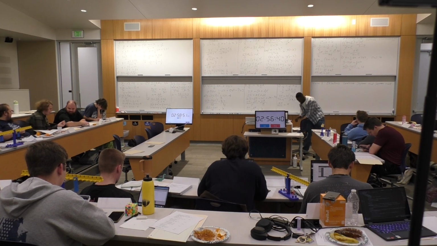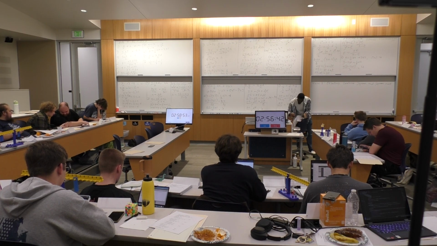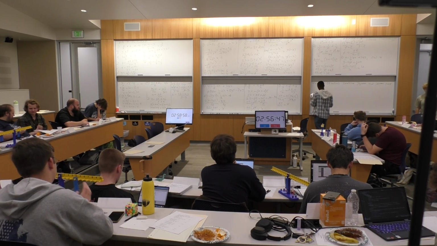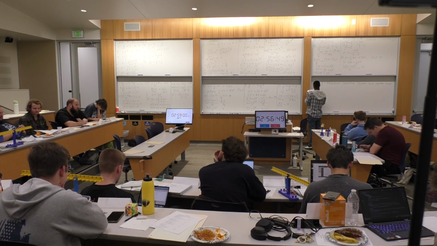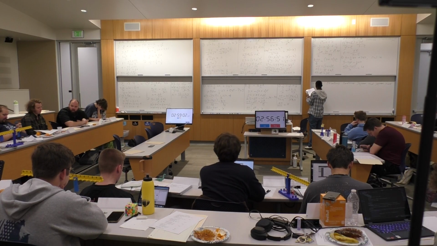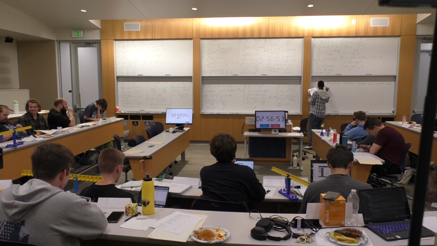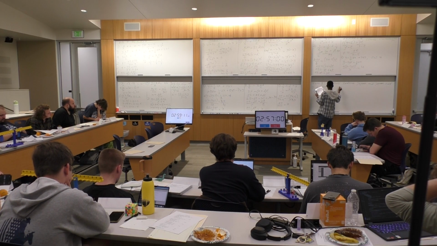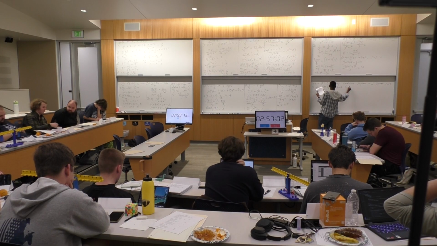Let's solve some problems. So for one, given t equal to 2 pi square root of n over g, find n. You want to make n the subject.